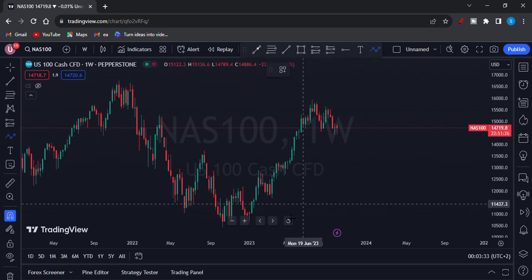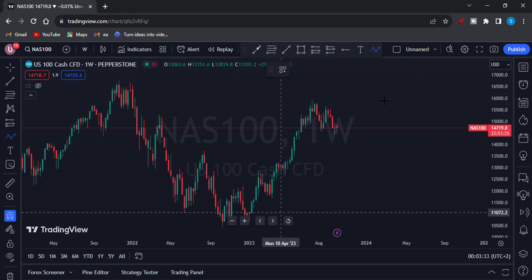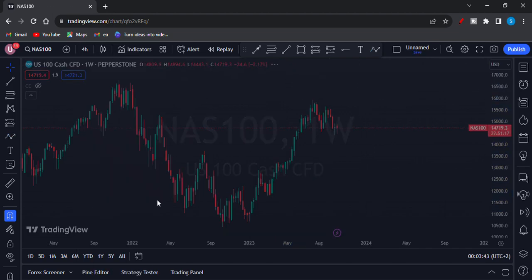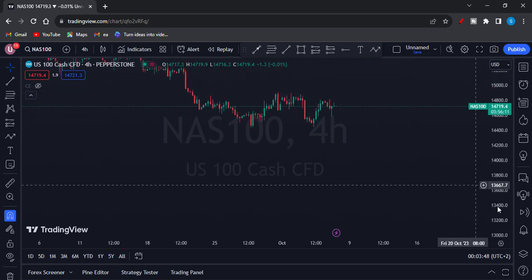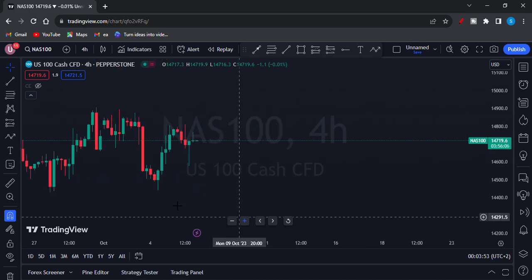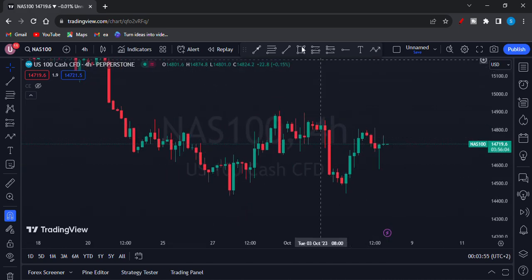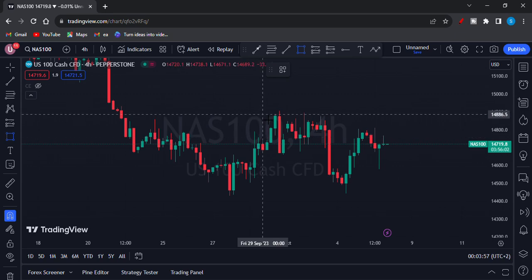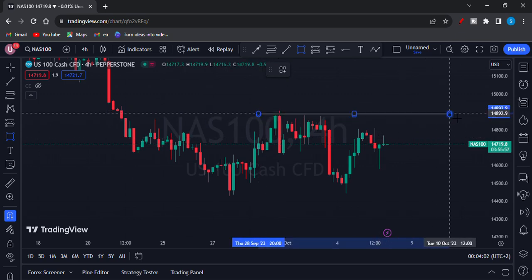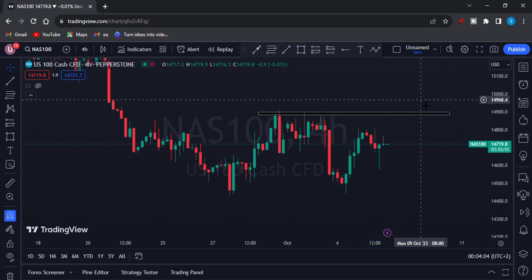So let's take a weekly on an uptrend, and then let's go to our 4 hour. So let me just blow up this, and then let me just do this. Okay, so on a 4 hour, we have this resistance around here, and then let's go to hourly.